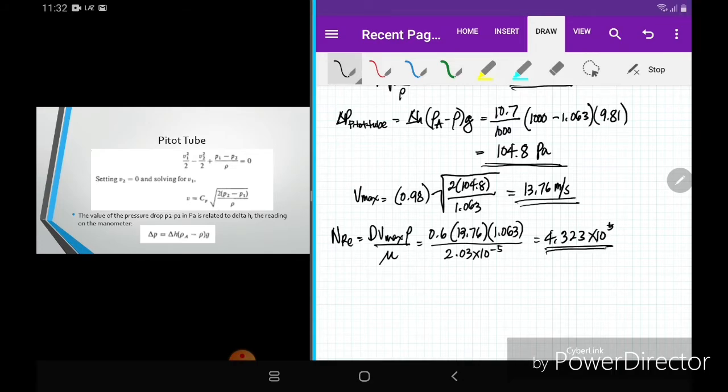Okay? Using this particular value, then i-project natin using yung figure 2.10-2 Geankoplis. Okay, we can have the ratio of V average divided by V max.